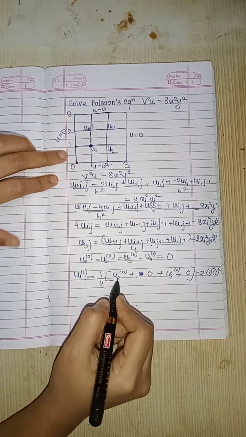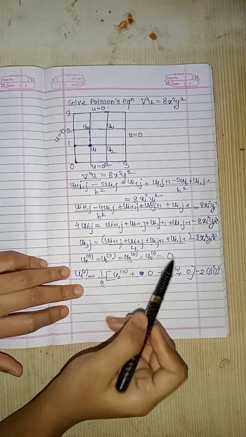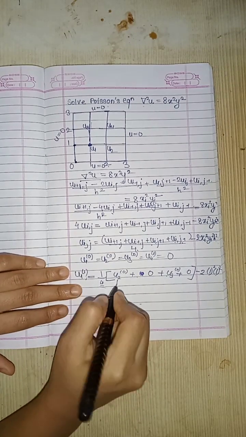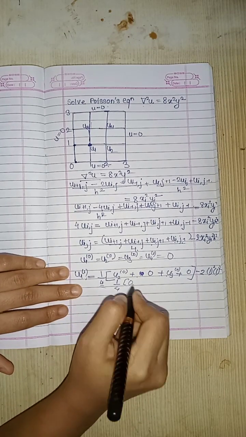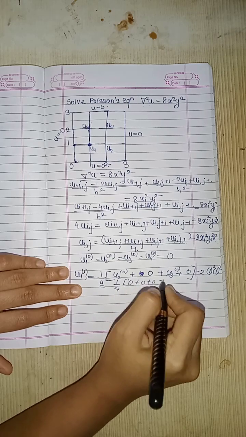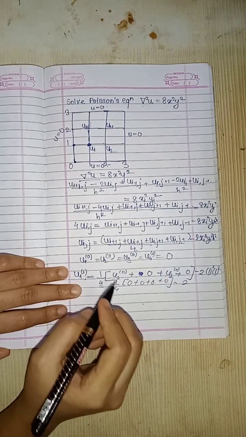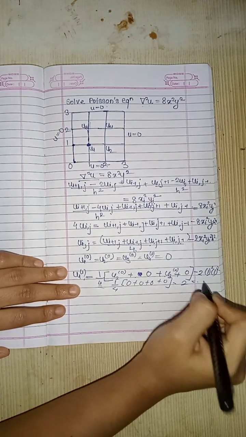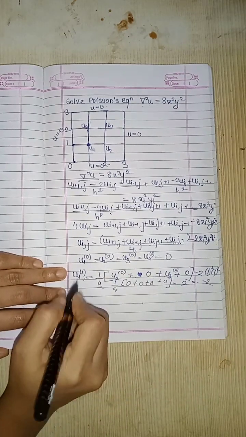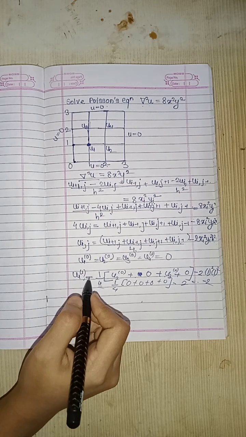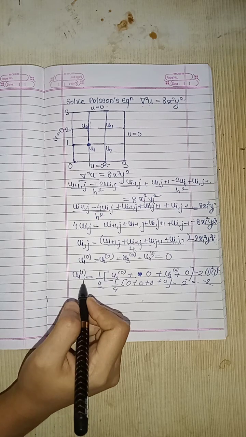The initial condition for u2 was assumed to be 0, so you can directly write 1 upon 4 into 0 plus 0 plus 0 plus 0 minus 2. So this gives you minus 2. So the value of u1(1), that is the first approximation for u1, is minus 2.